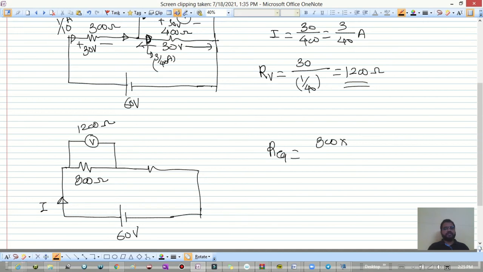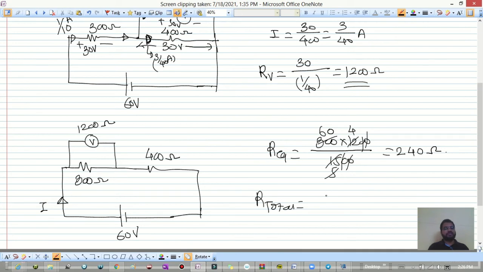It is 300 into 1200 divided by 1500. So this 0, this 0, this 0, this 0 get cancelled. 3 5s are, 3 4s are, 5 6s are. So it is 240 ohm we have, right? 240 ohm we have. Once we got this R equivalent, this 240 ohm plus the 400 ohm will give you the total resistance of this.